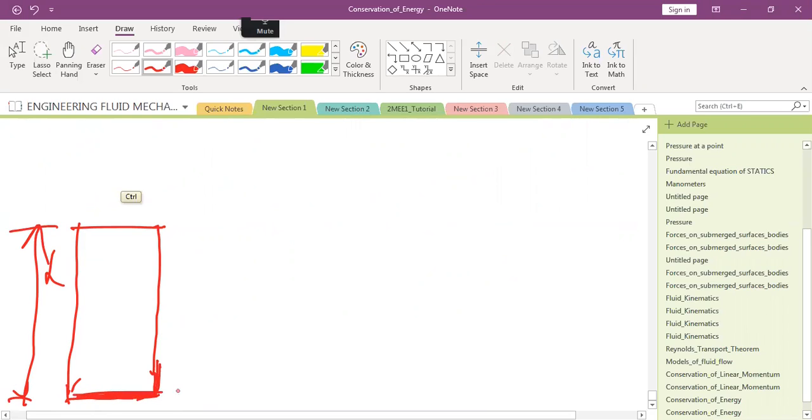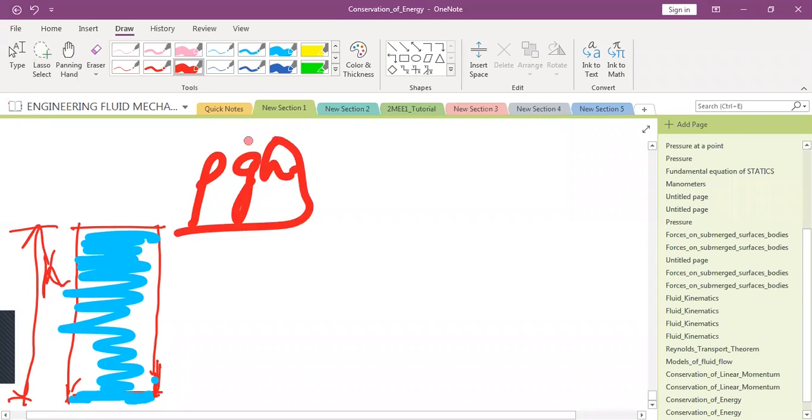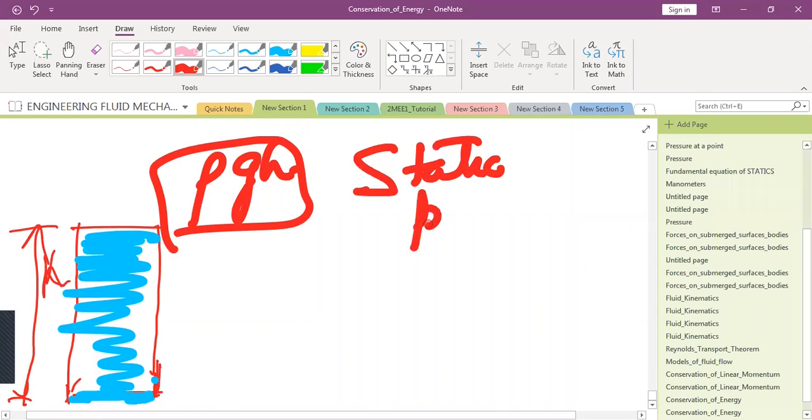What will be your answer? If this is height h and fluid is inside this tank, what is the pressure at some point? So this point. Rho gh? Is that clear? Yes, sir. So this is what is static pressure.